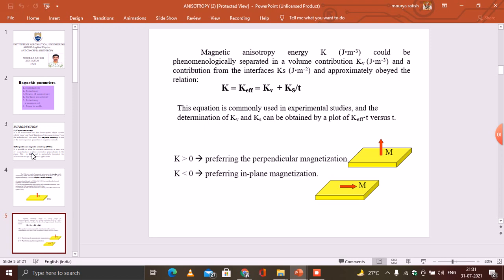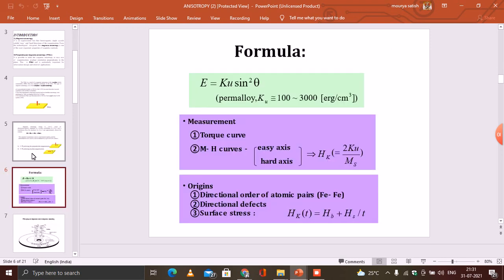This equation is commonly used for experimental studies, and the determination of Kv and Ks can be obtained by plotting K effective versus t. If K is greater than 0, it is preferring perpendicular magnetization. If K is less than 0, it is preferring in-plane magnetization.